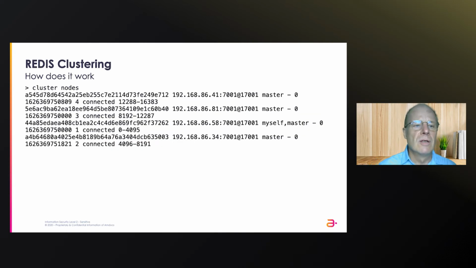This is just showing you the Redis cluster nodes command brings you back this detail about the cluster. It's got some kind of internal serial number, and then you've got the IP address and port that each one of the members is listening on, and whether it's a master or a slave, or which one is myself, the one I've actually connected to, which you can see third line down, I think.